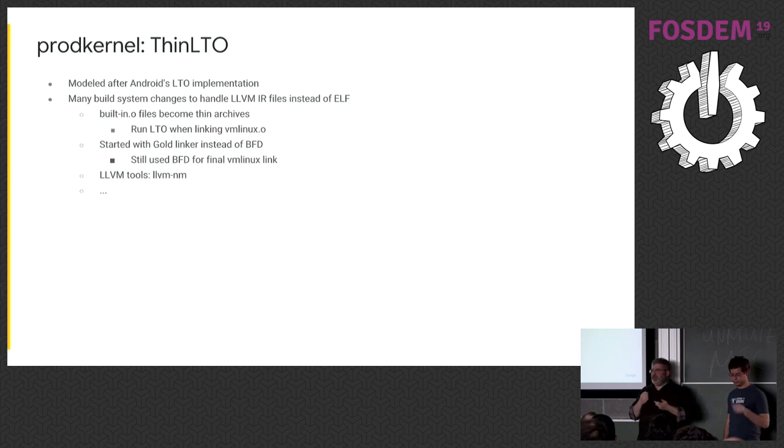So the production kernel is basically a different beast from what he's working on, which is Android. Android tends to work more towards top of tree Linux, while the production kernel is based off various different LTS branches. Yeah, LTS branches.